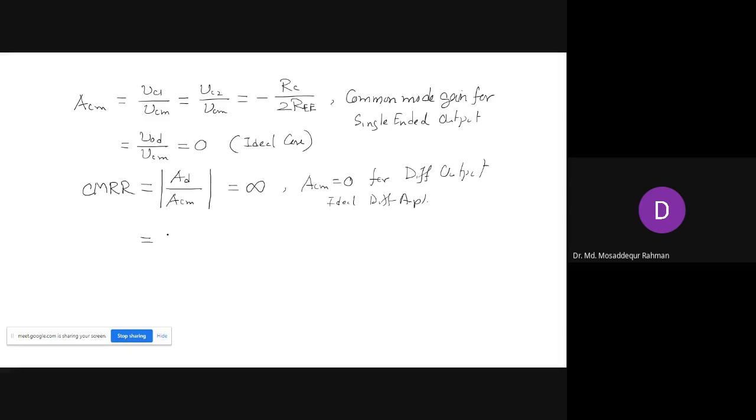For single-ended output, we have common mode gain, which is minus RC divided by 2RE. Then we have to put AD, right? The differential gain. What is the differential gain for the single-ended output? Do you remember?